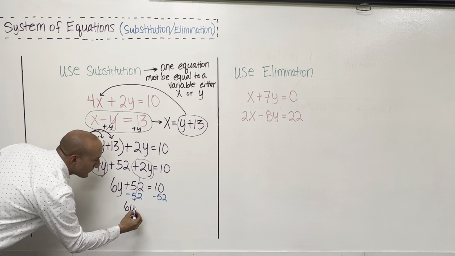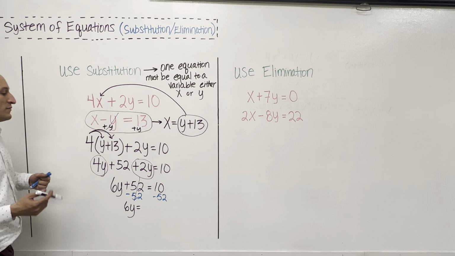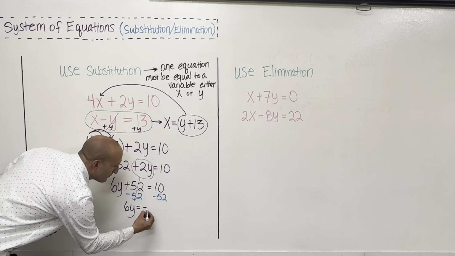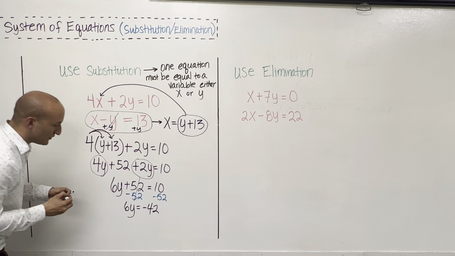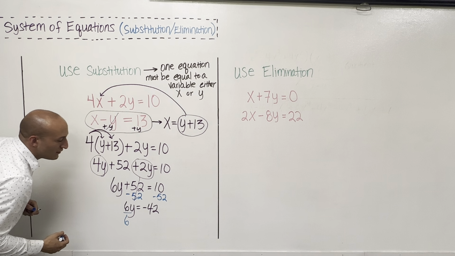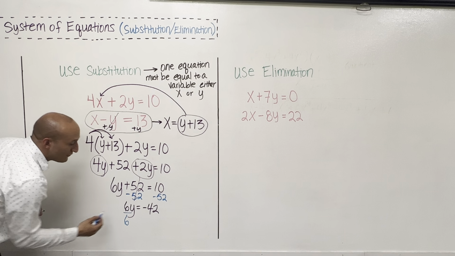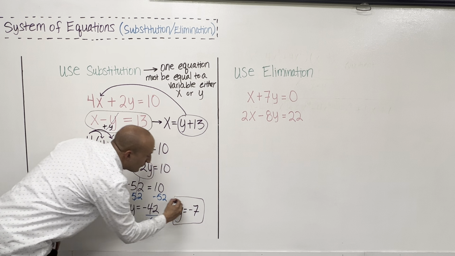So I'm left with 6y equals 10 minus 52, which is negative 42. So for the last step to solve for y, I'm going to divide by 6. Okay, so y equals negative 7. Now, I'm not done there.